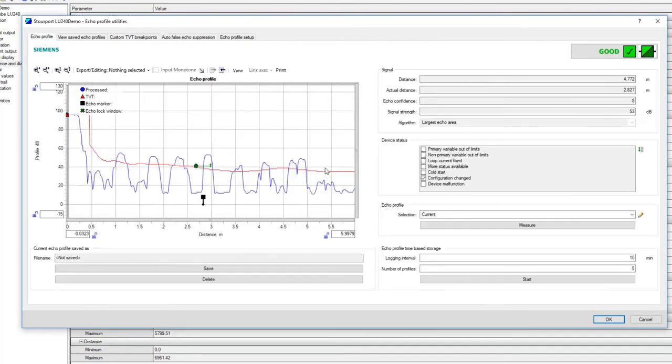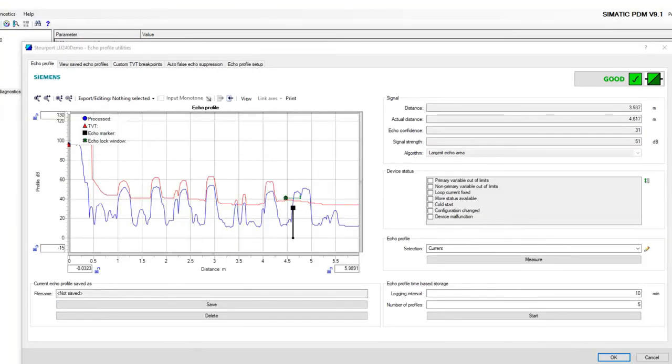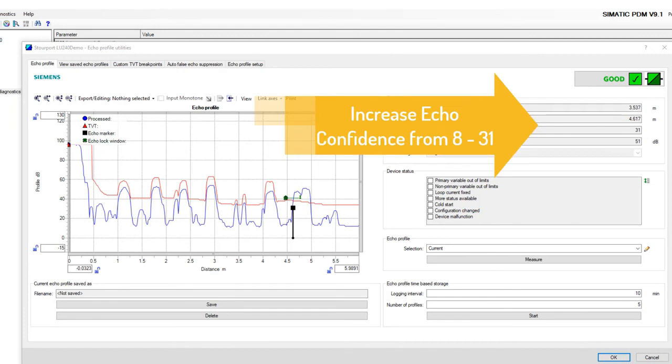All we have to do is take a new measurement. Here you have the echo profile after we've done the auto false echo suppression, and you can see it's moved the red line above all the obstacles, enabling us to lock on to the correct level.